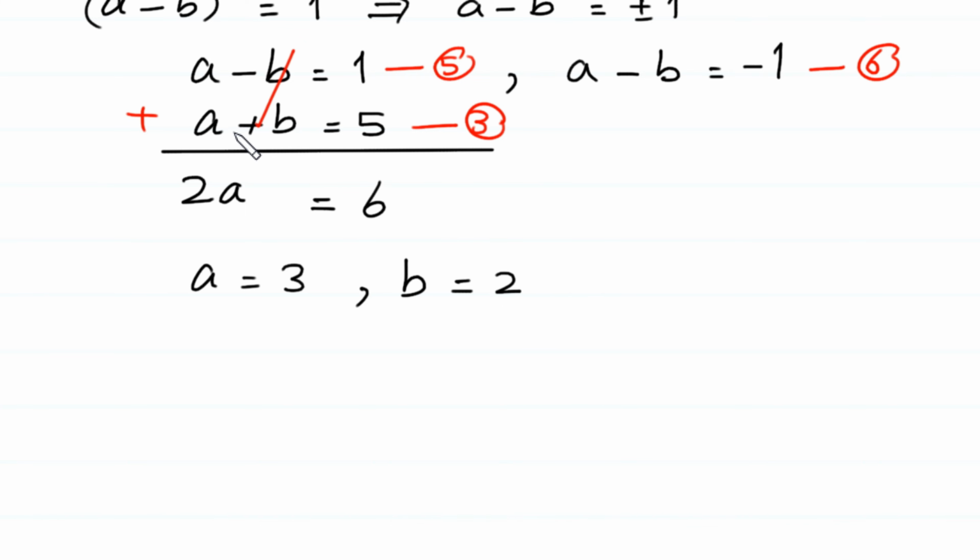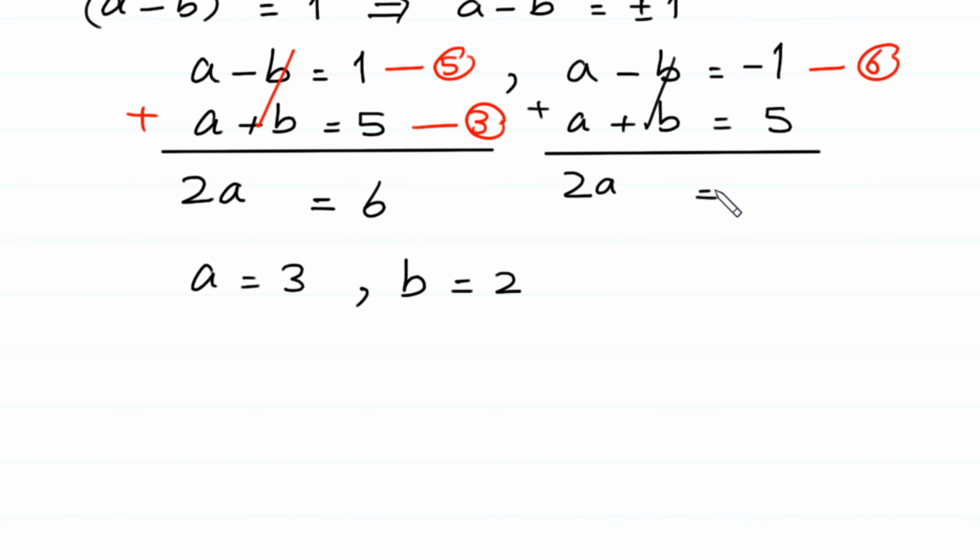Now we add this equation 3 in equation 6. Equation 3 is a plus b is equal to 5, and we add these two equations, 1a plus 1a, 2a, and this negative b will be cancelled with this positive b, is equal to 5 minus 1, 4.